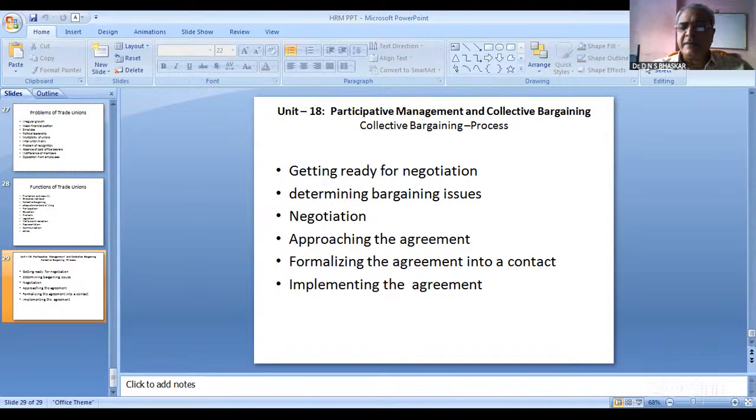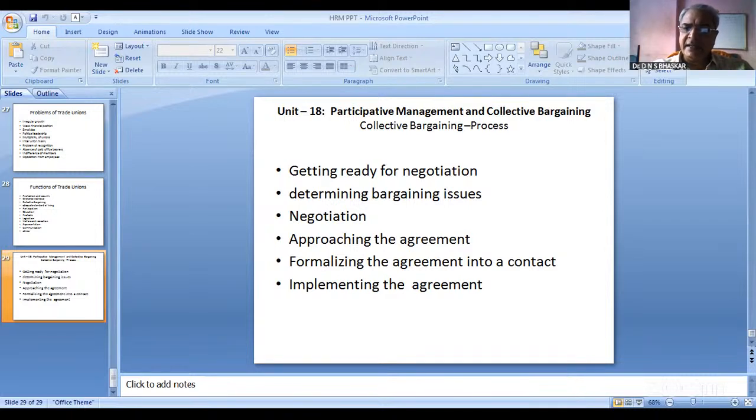Then formalizing the agreement into a contract. By including various legal terms and legal aspects, the agreement must be formalized. Then only will it be a contract. Then implementing the agreement is another last important step.